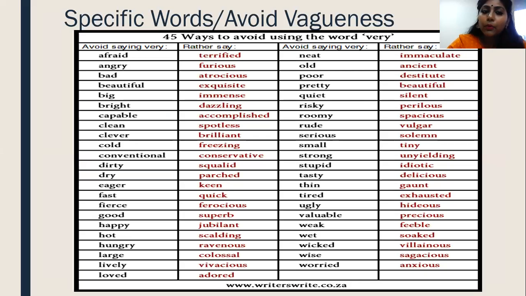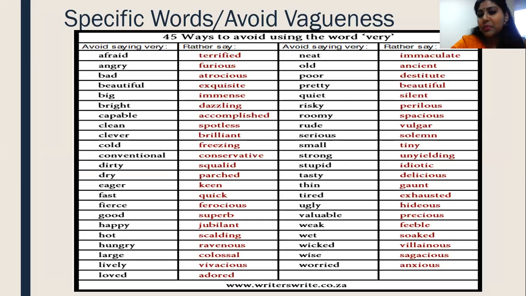And it's also very important for the students to avoid being vague. That means instead of mentioning afraid, say terrified. Instead of just saying beautiful, perhaps you can make it even more specific. Like when you say bright, how bright is bright? It's dazzling. And when you say something is good, how good is good?